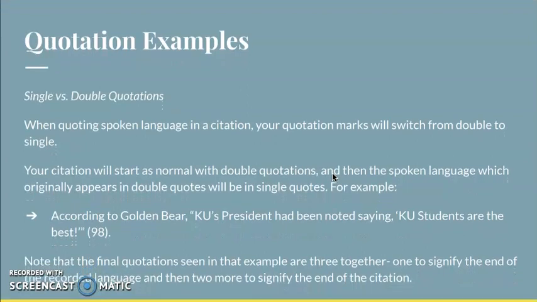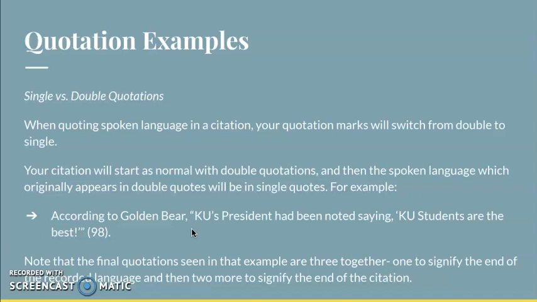So, some examples for single and double quotations, which does trip some people up. When you're quoting spoken language in a citation, your quotation marks switch from double to single. You'll start with double quotations, and then as they speak, you use single quotes. Here's an example to help you out. Outside of the quotations, you would say, according to Golden Bear.